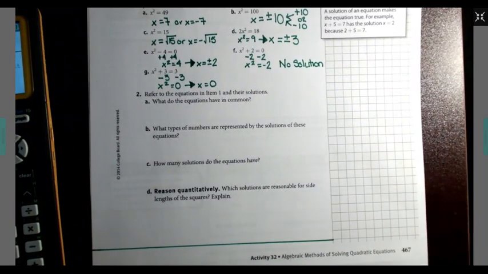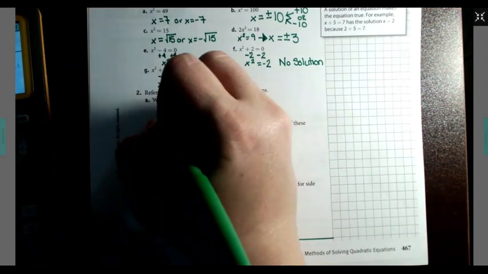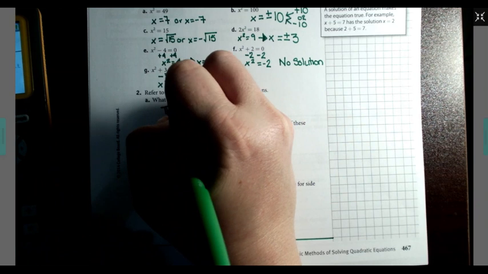Number 2, refer to the equations in item 1 and their solutions. What do the equations have in common? All of them have that x squared term to them, so they are all quadratics.